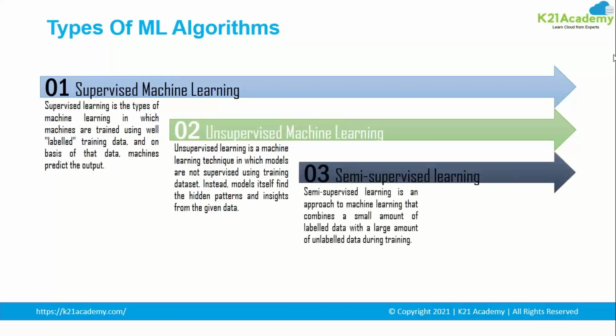Moving on to the next one, we have semi-supervised learning. This is the combination of supervised and unsupervised machine learning algorithms. The major application where this is used is in EDA. What happens over here is some of the data may be missing.